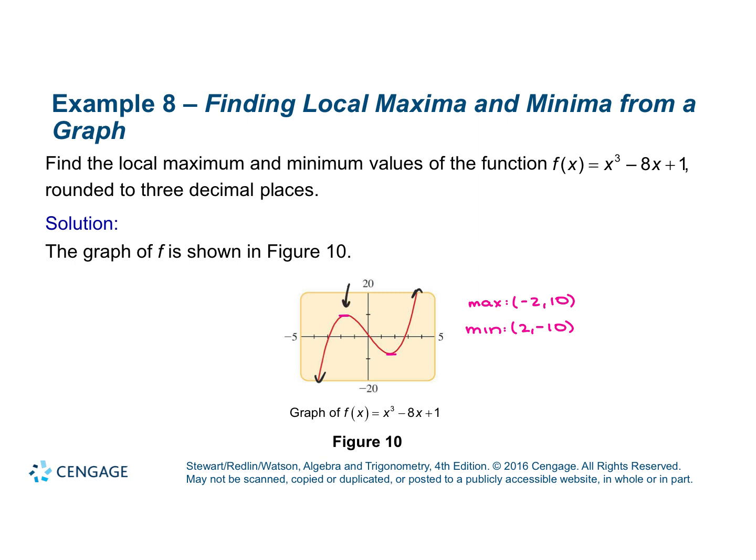It would be that highest point, so it's going to be -2, and then the y value is 10. It's going by tens. So this is 10 and this is -10. And then the minimum is going to be the lowest point, which is 2, -10. And again, you would write it as an ordered pair because it's the point on the graph.